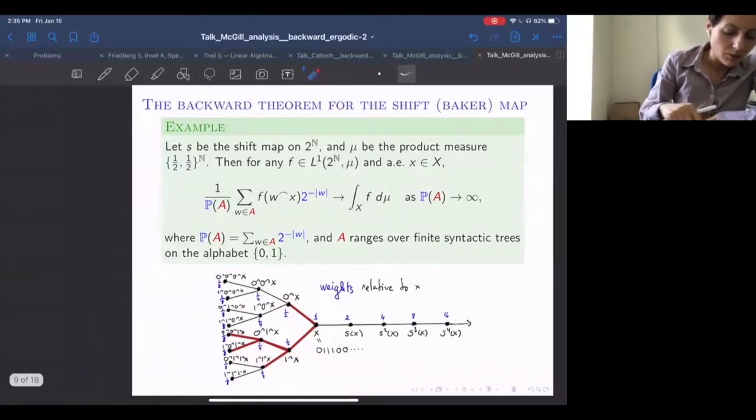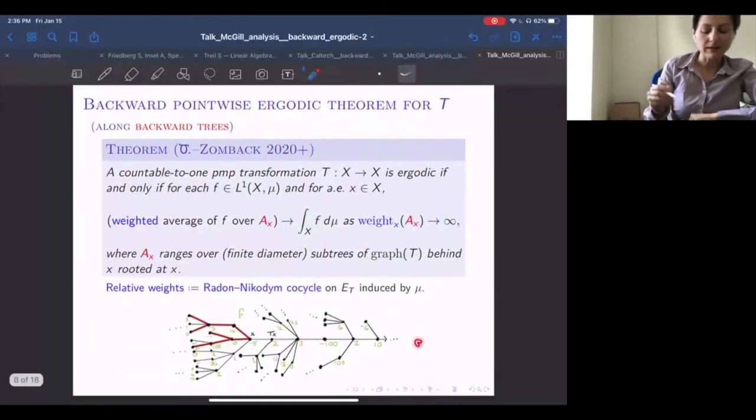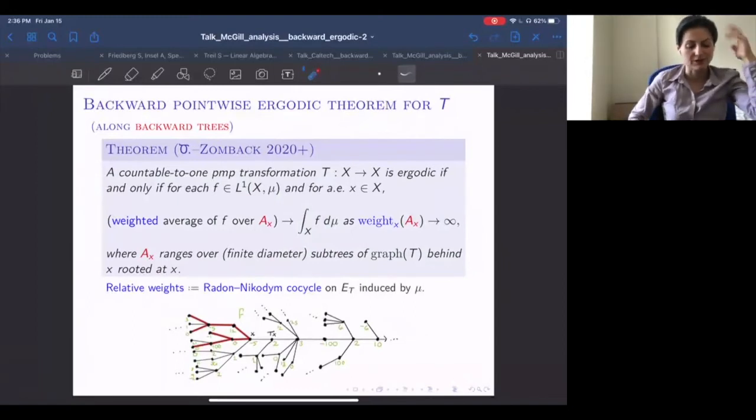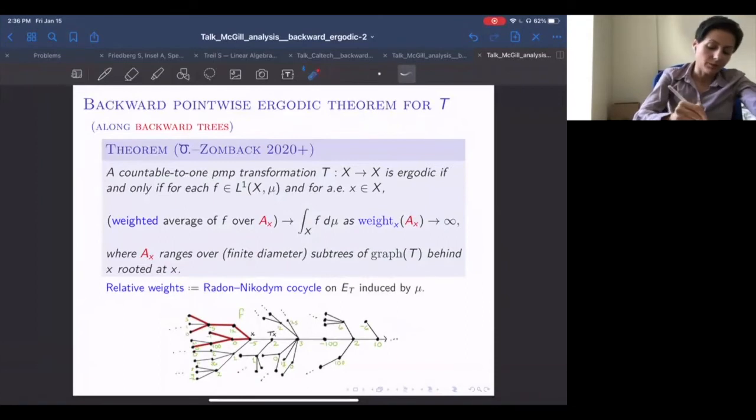Unlike the special case, this theorem does not have an operator theoretic formulation, because the operator theoretic one requires determining some transformation. In our earlier case, it was just taking all the preimages, summing over all preimages, and then iteratively applying this.